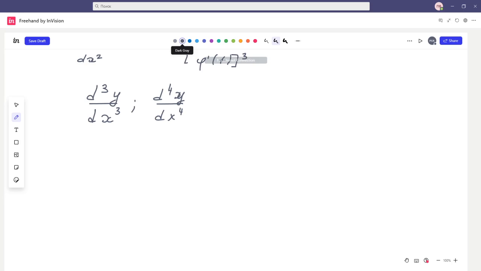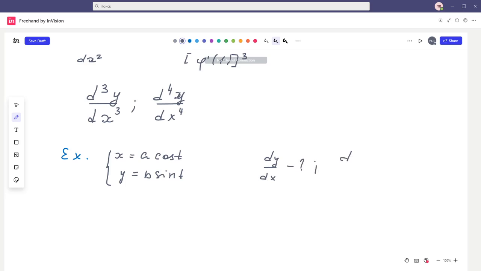Consider the example. A function y of x is represented parametrically. X is a cosine of t, y is b times sine of t. Find the derivative dy over dx and the second derivative.